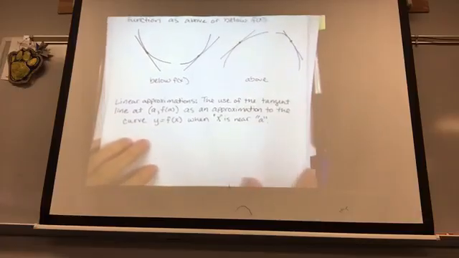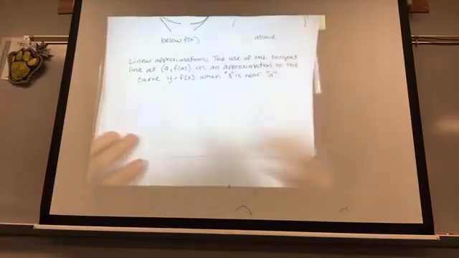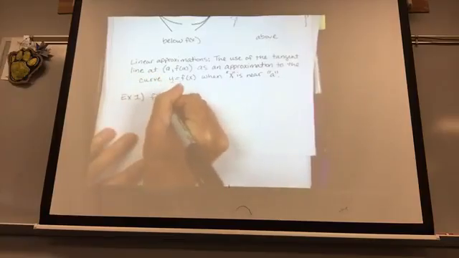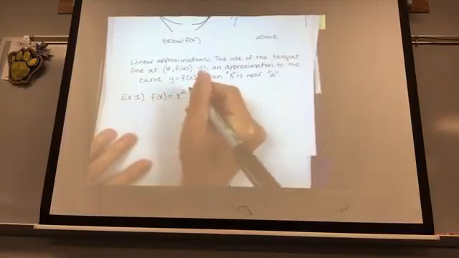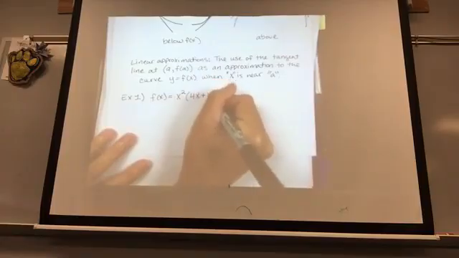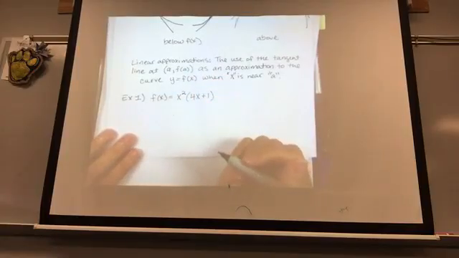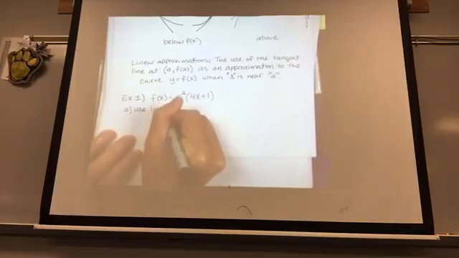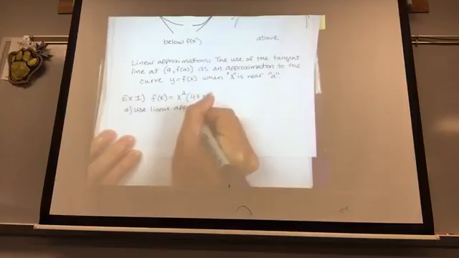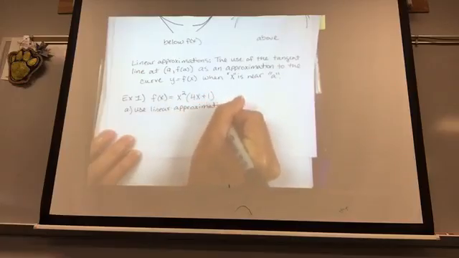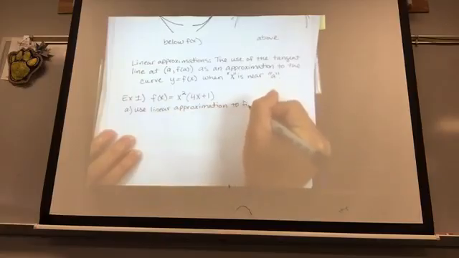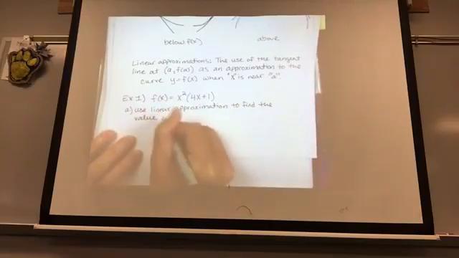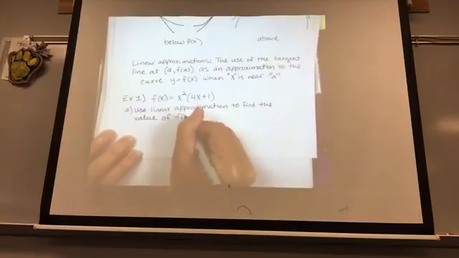So example number 1. And this is all we'll have time to do today. f of x is equal to x squared times 4x plus 1. And part a, use linear approximation to find the value of f of 2.97.